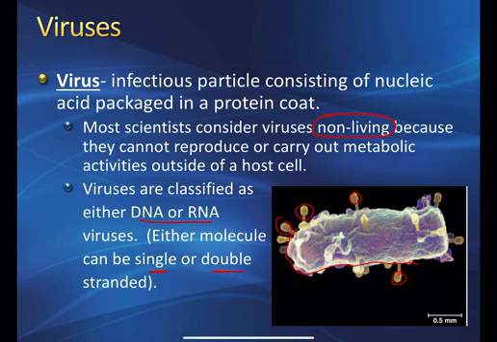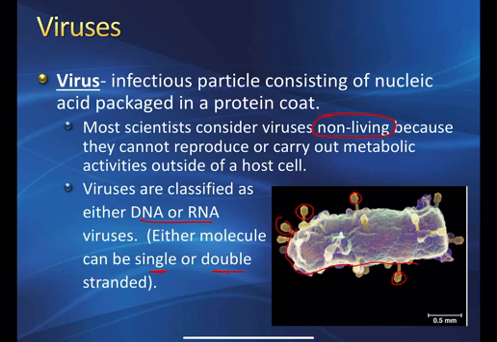So they can have single or double-stranded DNA or RNA. Inside this protein coat is their genetic material, and they basically inject that into the cell and take over the cellular machinery of their host. And that allows them to replicate and produce more viruses.